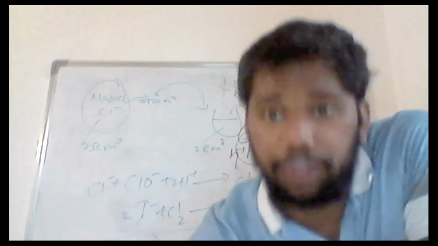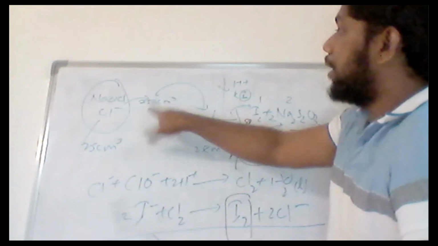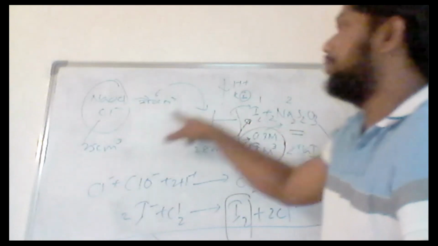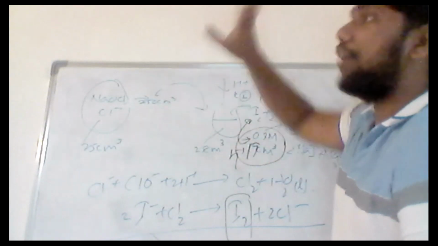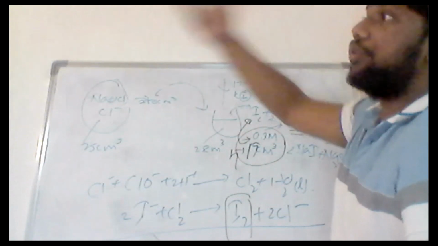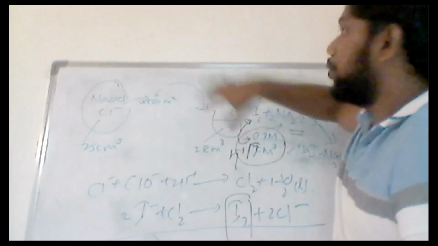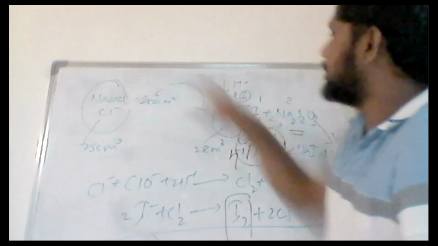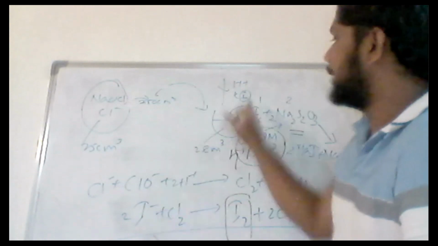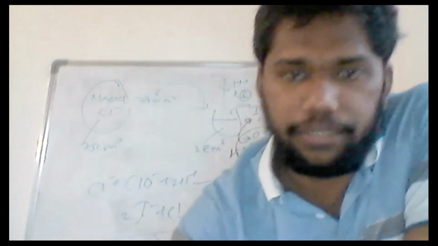But don't forget, this is in 25 cubic centimeters, so you need to multiply it by 10 to get the number of moles in 250 cubic centimeter, because initially you have 25 cubic centimeter, but we added water to dilute up to 250. Then from that solution we took 25. So you can imagine the number of moles here is reduced by 10 times. So if you know the number of moles of ClO minus here, you need to multiply it by 10 to get the total number of moles, right?